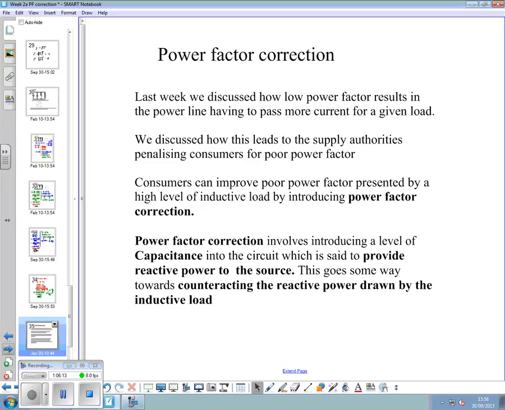This goes some way towards counteracting the reactive power drawn by the inductive load. So it reduces the phase angle between voltage and current and gets S closer to P. P is the thing that stays the same, but by reducing the angle you make S, or the VA, smaller. Therefore the current is going to be smaller for the same voltage.